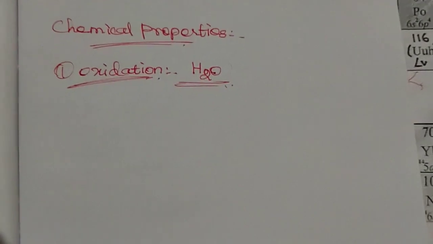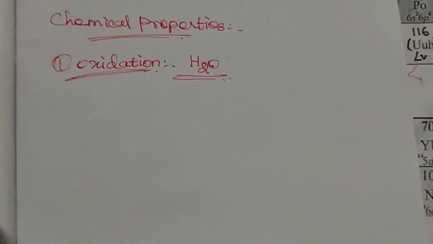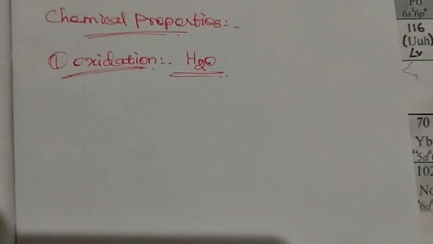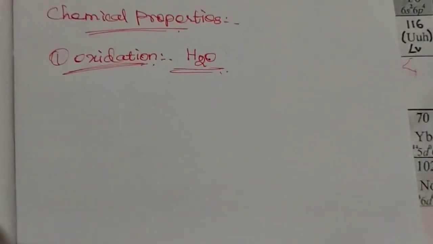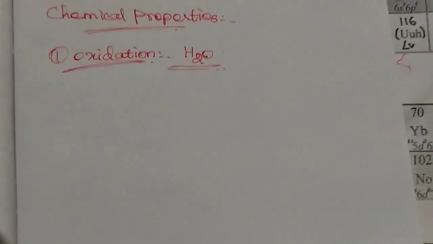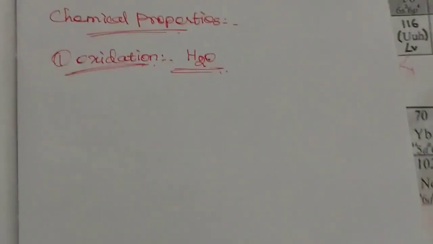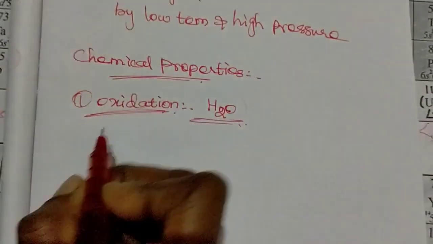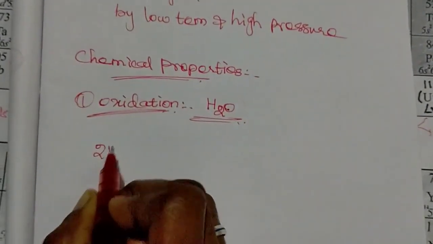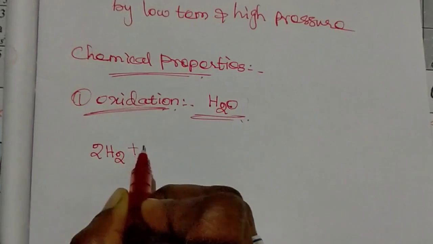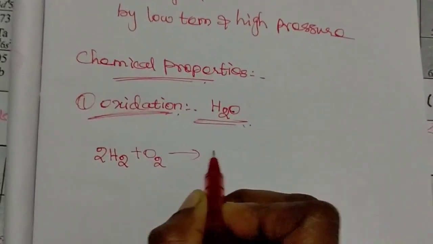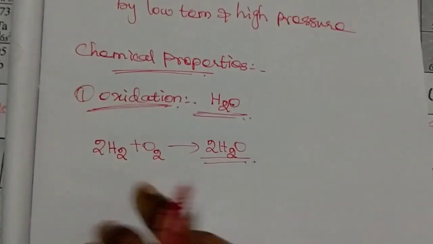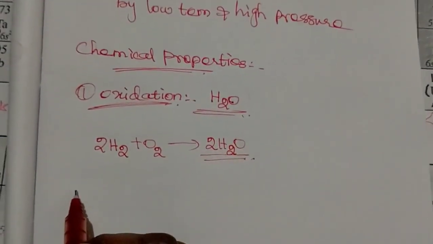This energy, from the explosive reaction, we use in the fuel cell to generate electricity. So in the oxidation reaction, two molecules of hydrogen react with oxygen and produce 2H2O, water molecules. So this is the oxidation reaction.